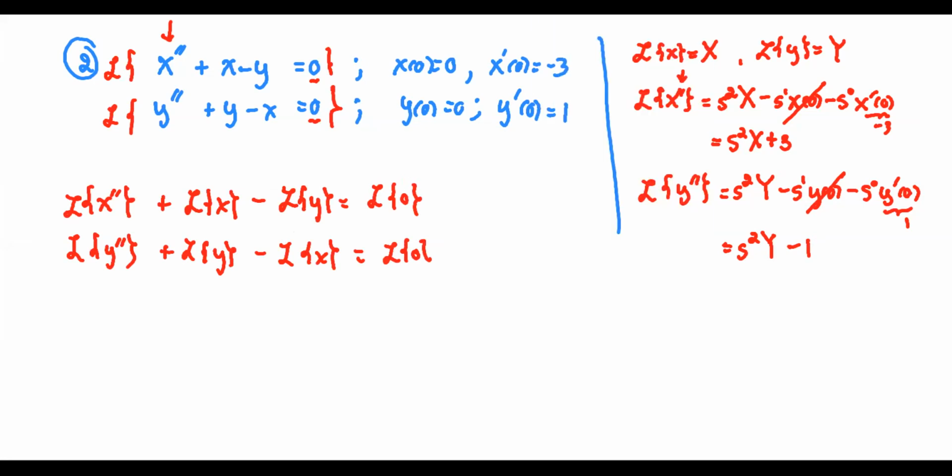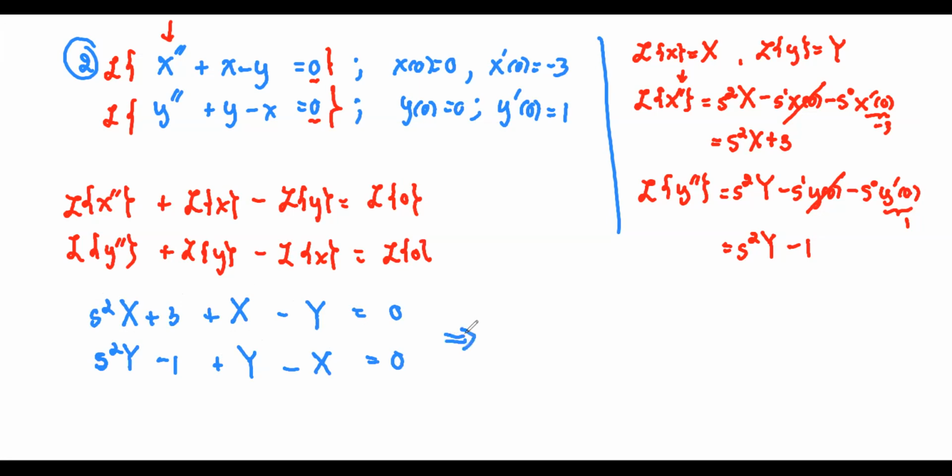From what we got on the side, the first equation is s squared times capital X plus 3, plus the uppercase X for the Laplace of x, minus the uppercase Y for the Laplace of y, equals 0. And the second equation is s squared uppercase Y minus 1, plus the uppercase Y minus uppercase X equals 0.